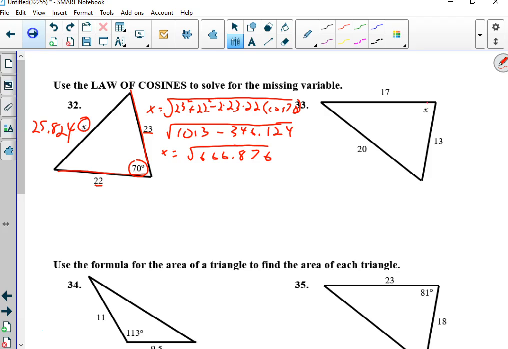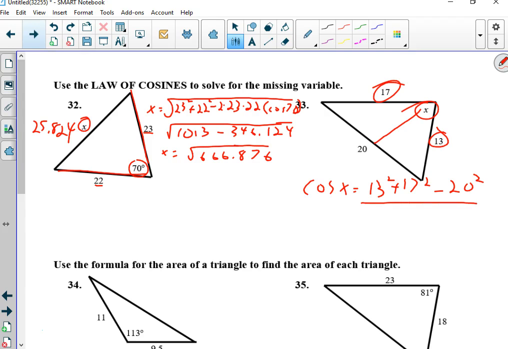Now notice on 33, I'm solving for an angle. So this time I'm doing cosine of x equals. Now remember, this is the one that comes last. These two go on the bottom and go first on the top. So 13 squared plus 17 squared minus 20 squared. Make sure this is minus. If you put plus, it's going to mix everything up. And on the bottom, 2 times 13 times 17.